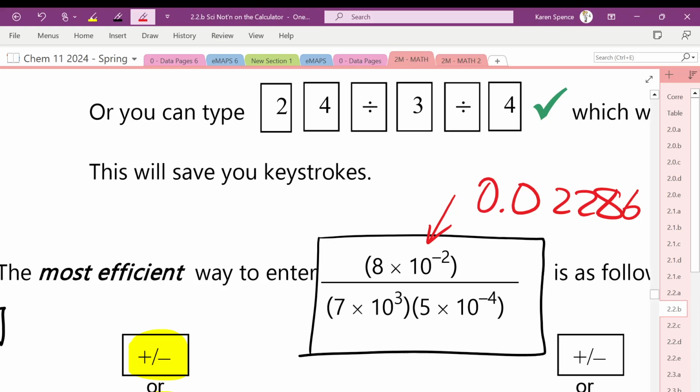Okay. So we want to I got this. Divide by 7 times 10 to the 3, and then we're going to divide by 5 times 10 to the try it and see.